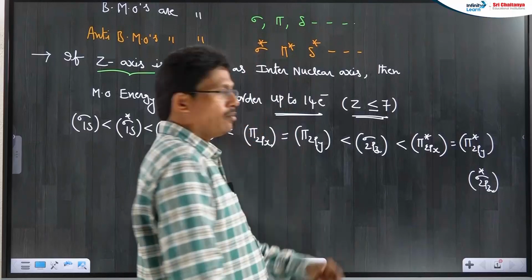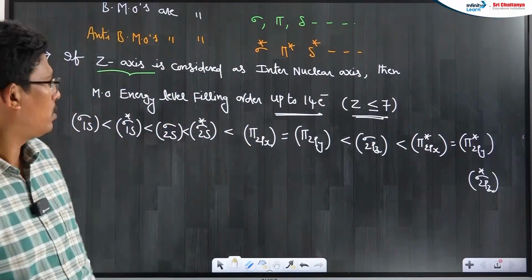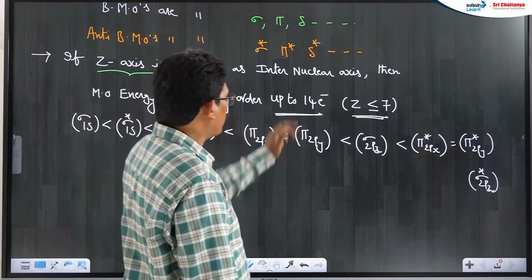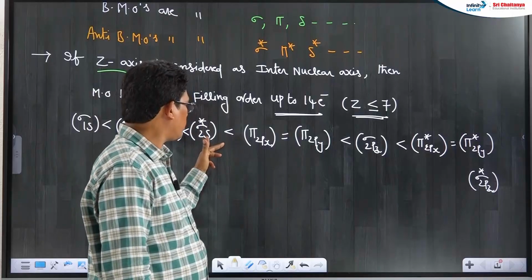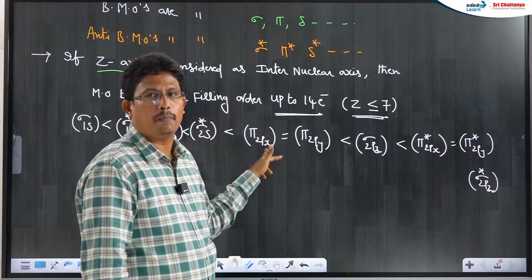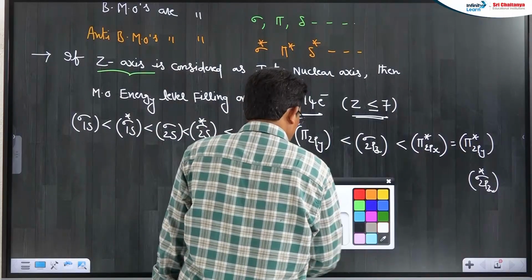This is the molecular orbital energy level filling order up to 14 electrons. Up to 14 electrons, after sigma star 2s, electrons enter into the pi orbitals. It is the important point.